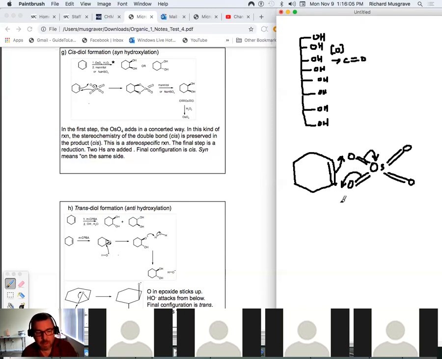So this is called an electrocyclic reaction because all of these arrows are occurring at the same time. I'm going to draw this in 3D, what this looks like once it joins onto the osmium and the oxygens here.